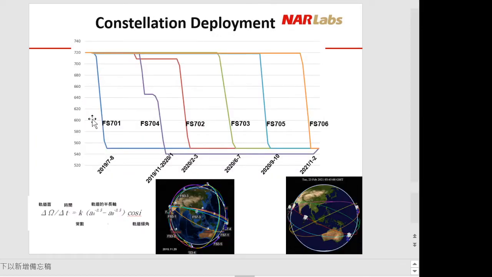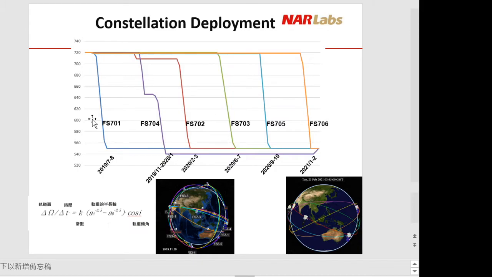All 6 satellites were injected to an injection altitude of 720 kilometers. And you can imagine that when they separate from the launch vehicle, all 6 satellites are very close to each other.